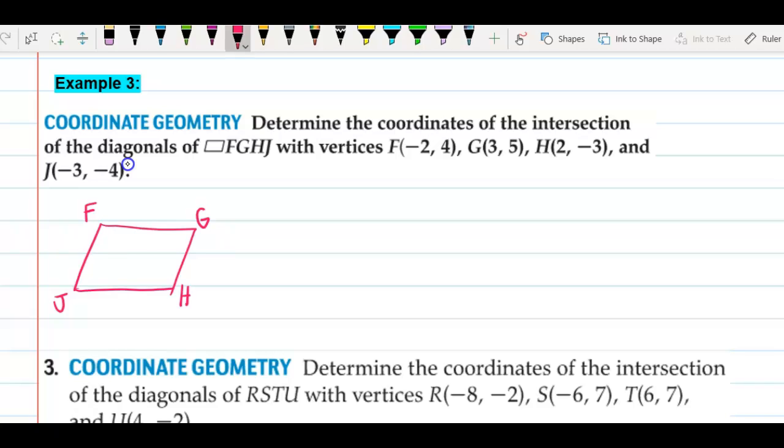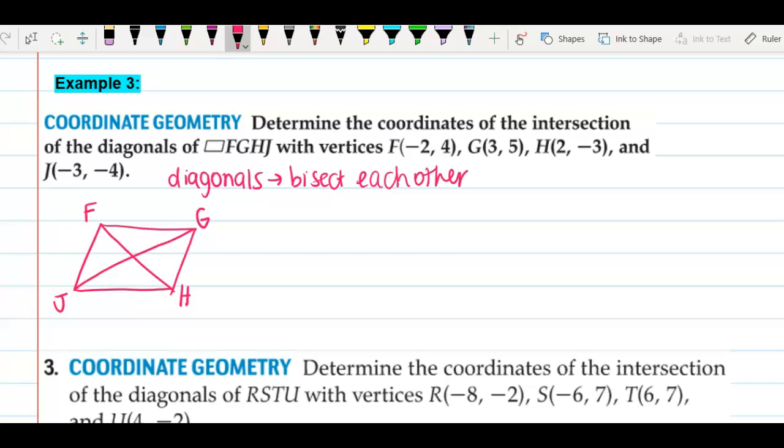If we drew our diagonals, all we know about parallelograms, well, not all that we know, but about their diagonals specifically, is that their diagonals bisect each other.